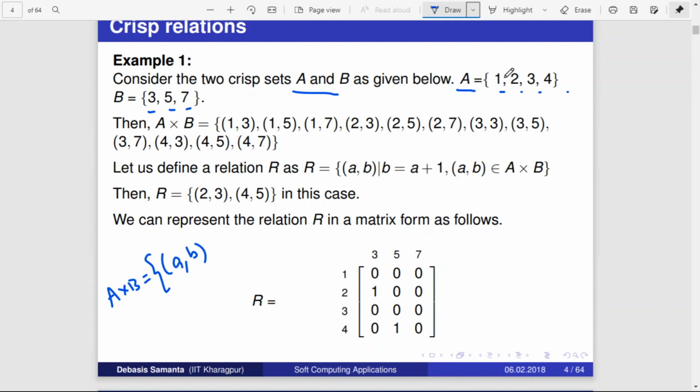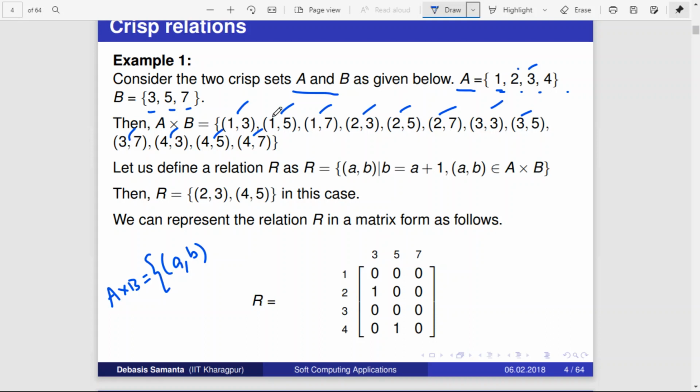So what are the combinations? From set A you take the first element: 1 comma 3, 1 comma 5, 1 comma 7. Second element: 2 comma 3, 2 comma 5, 2 comma 7. Third element: 3 comma 3, 3 comma 5, 3 comma 7. Fourth element: 4 comma 3, 4 comma 5 and 4 comma 7.